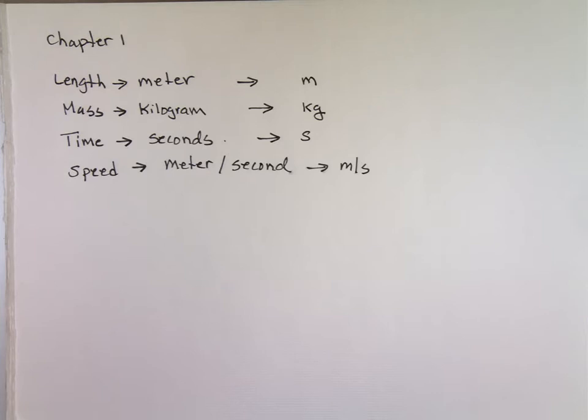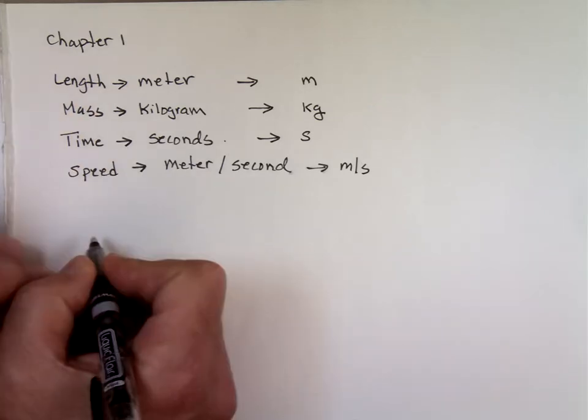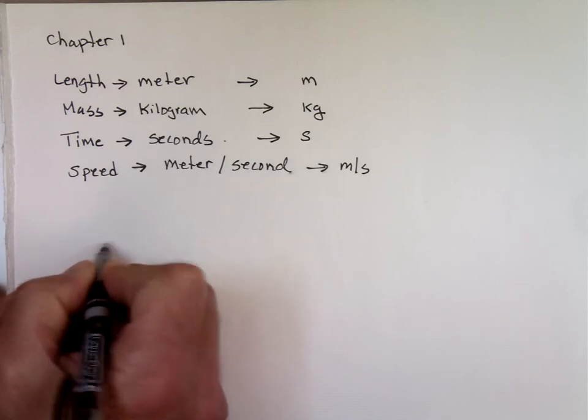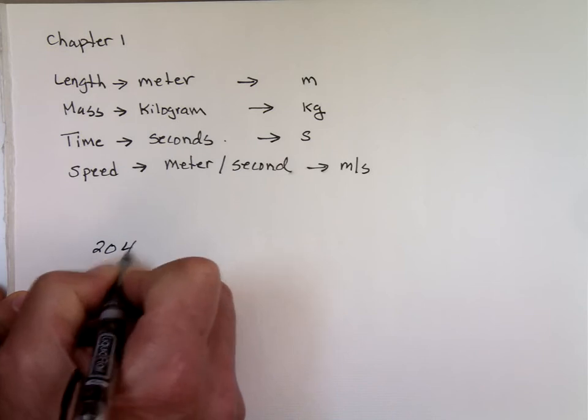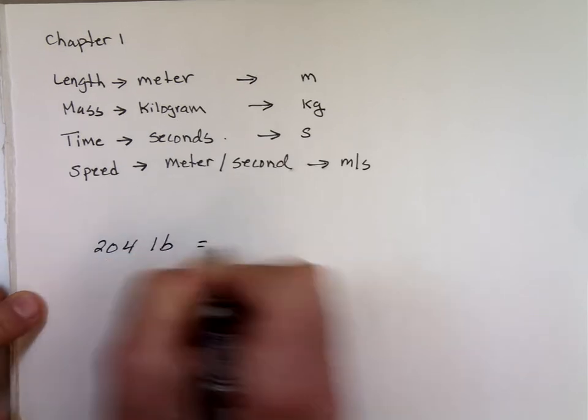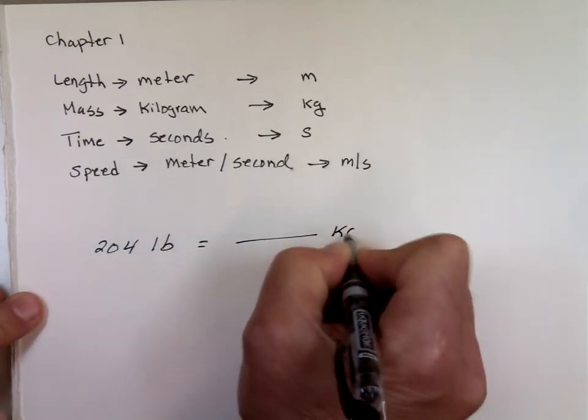Let's say I came to you and I said, you know what, can you tell me what my mass is? I got on the scale this morning and it says I weigh 204 pounds. What is my mass in kilogram?